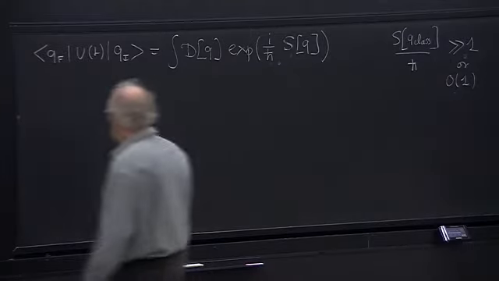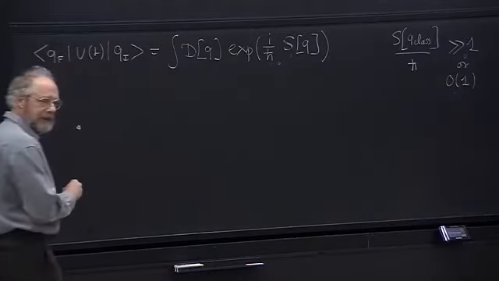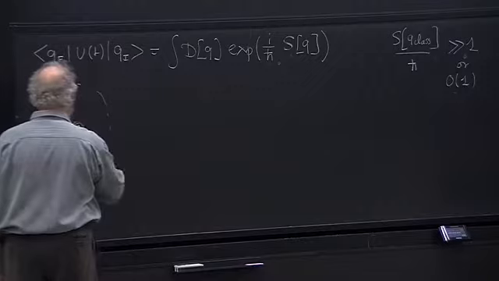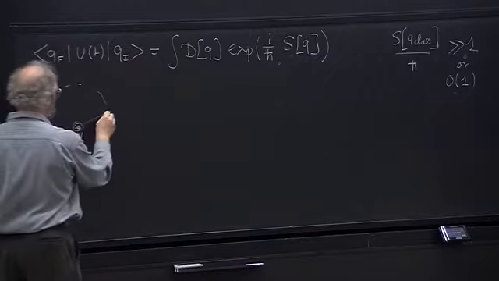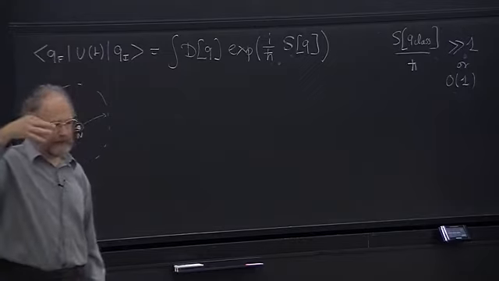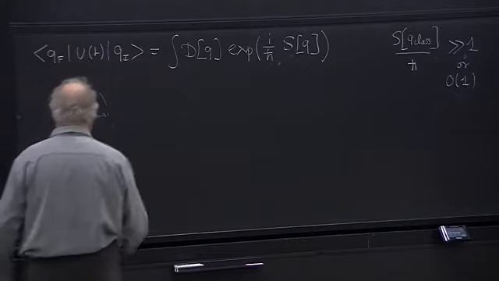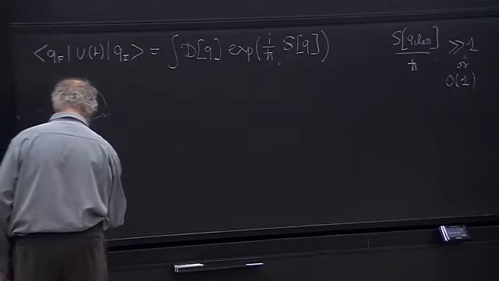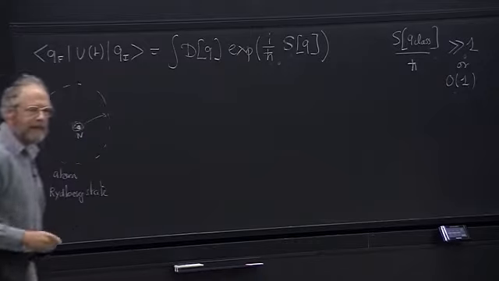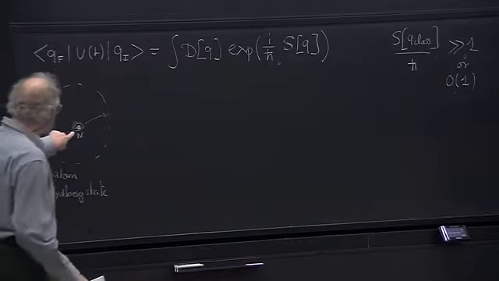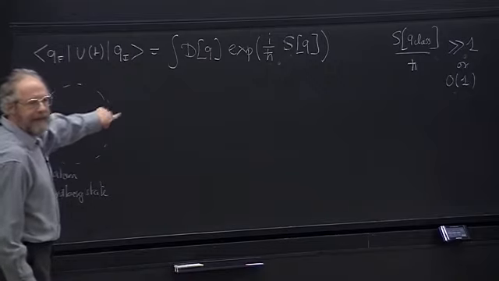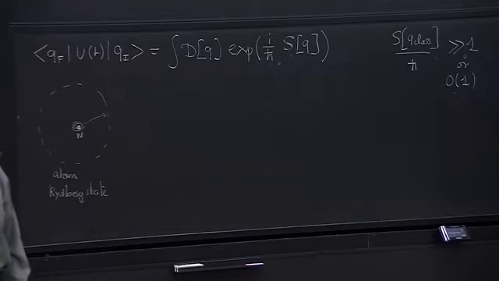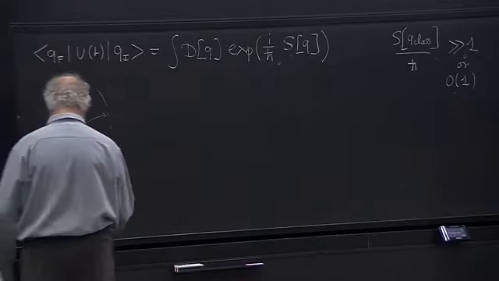A very nice example: consider an atom with a nucleus and an electron, and imagine that you have an electron that is very far apart, so almost on the verge of ionization. Such a state is an atom in what is called a Rydberg state. You have one electron with orbital number L very large.